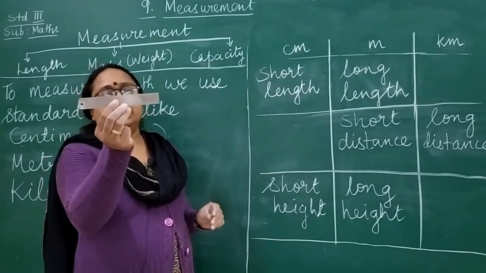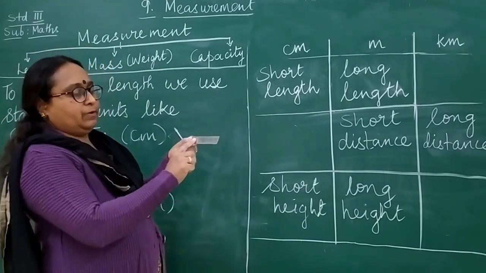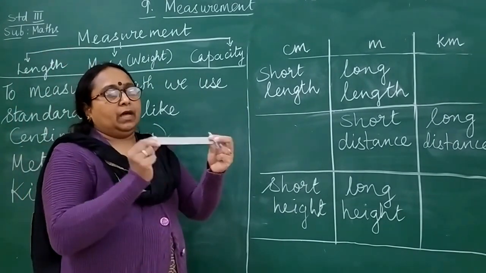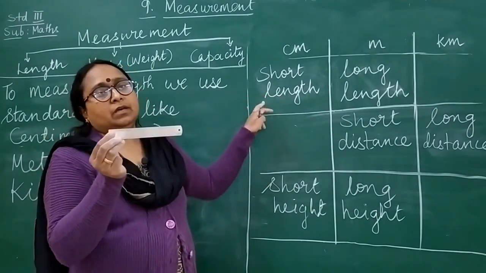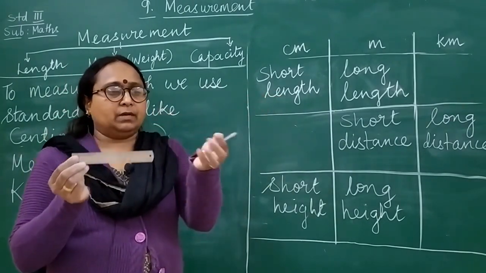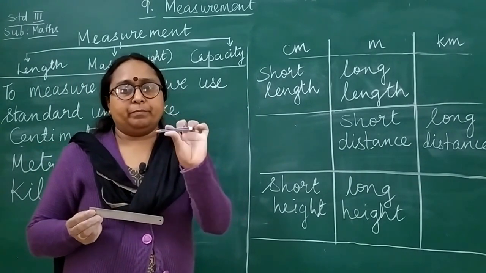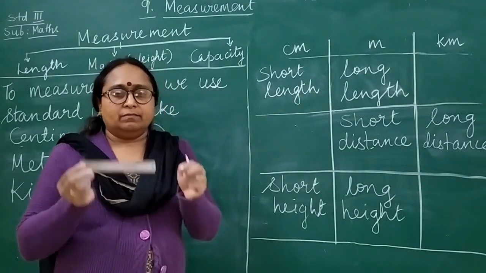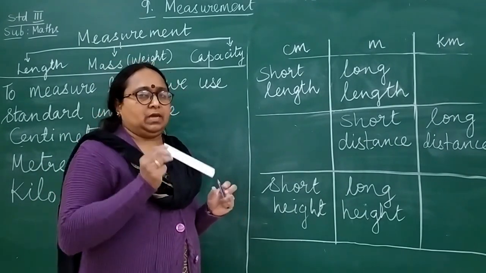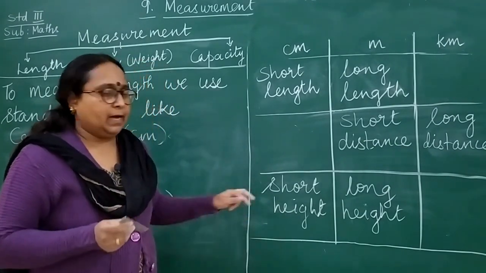This we call a centimeter scale, because here you will find this scale has 15 centimeter. So when you are measuring short length you just use this scale. For example, when you measure the length of a pencil, a pen, a rubber, which are all small things, we use a centimeter scale.